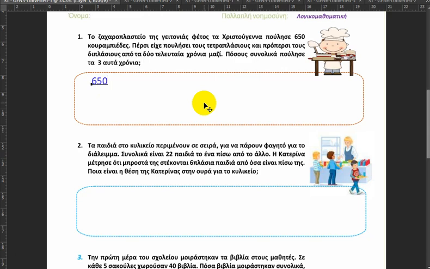Last year they sold 4 times as much, so 4 times 650. And then the year before that, it was twice as much. So 2 times 650.